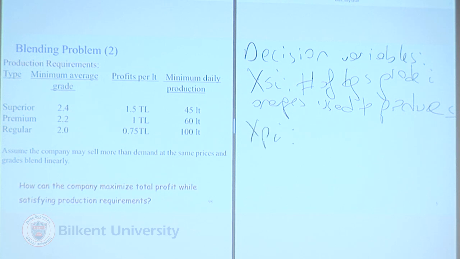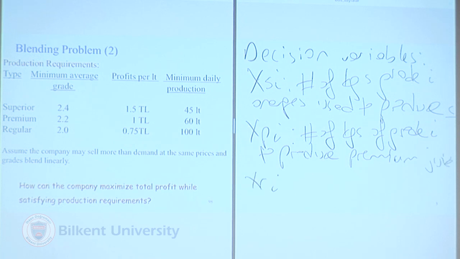Then I will have XPI, the same number of kilos of grade I to produce premium juice. And XRI, number of kilos of grade I to produce regular juice.